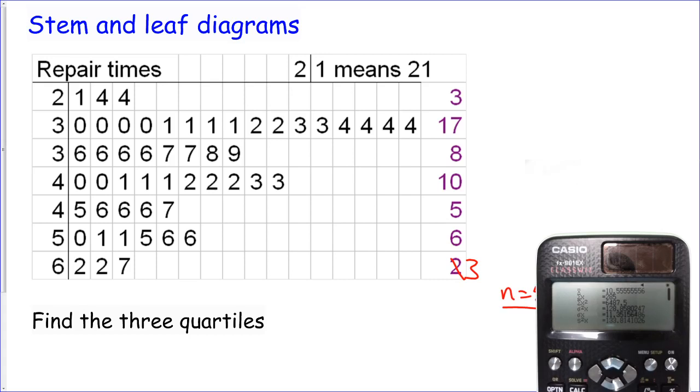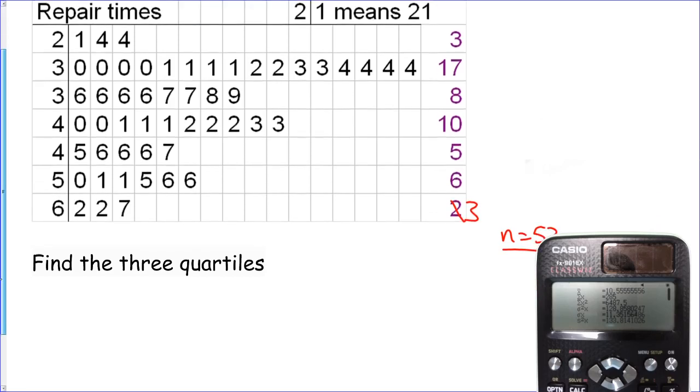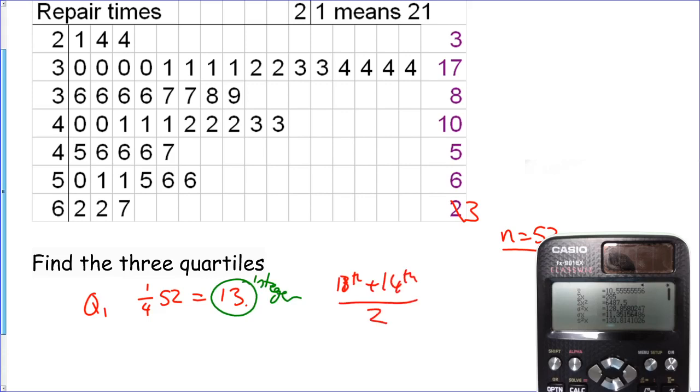So to find our lower quartile, Q1, we're going to do 1/4 of 52, which comes out to be 13. Because this is an integer, we're going to use the rule for integers. We're going to pick the 13th and the 14th and divide by 2.